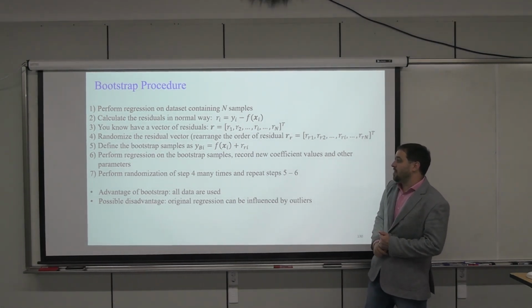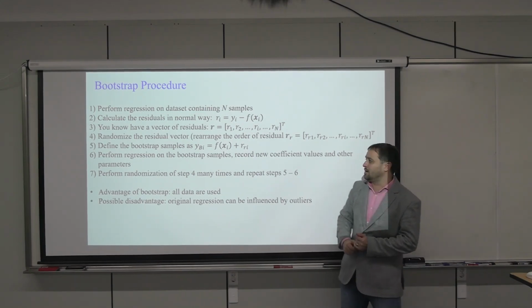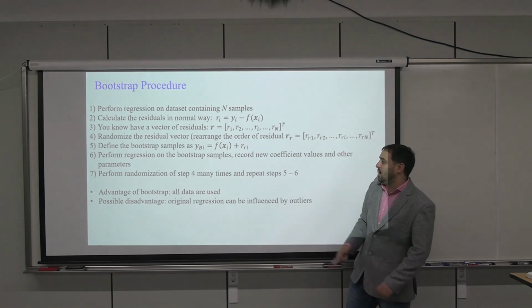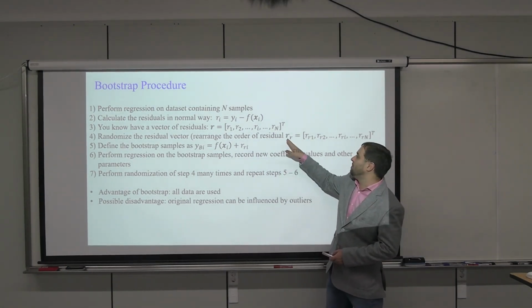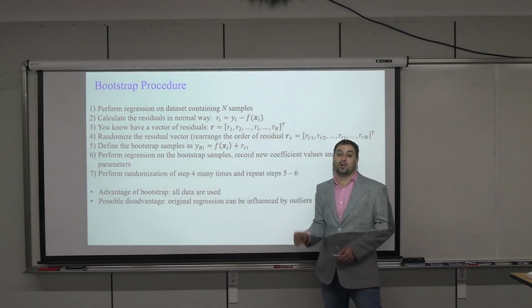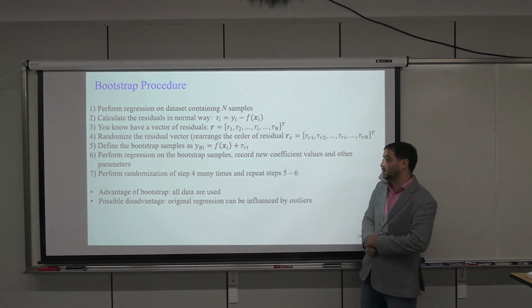Then, just like in jackknifing, you can repeat steps 4 and 5 many times. In fact, if you want to, you can do all possible permutations of your original residual vector.